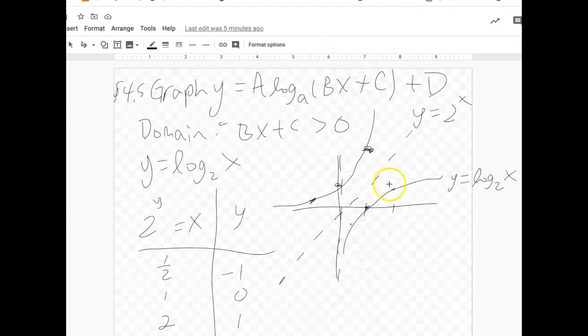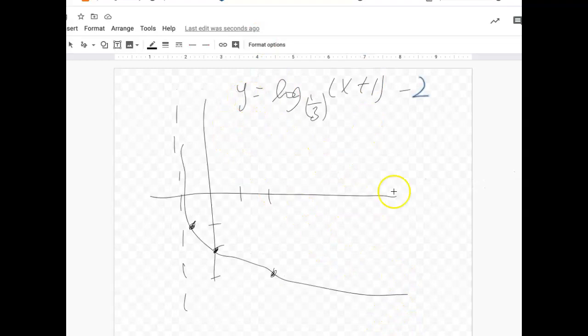when the bases are greater than 1, similarly here too, you have exponential growth and the logarithmic is growing. When we have the base 1/3, right? If it was an exponential, it's decaying, right?